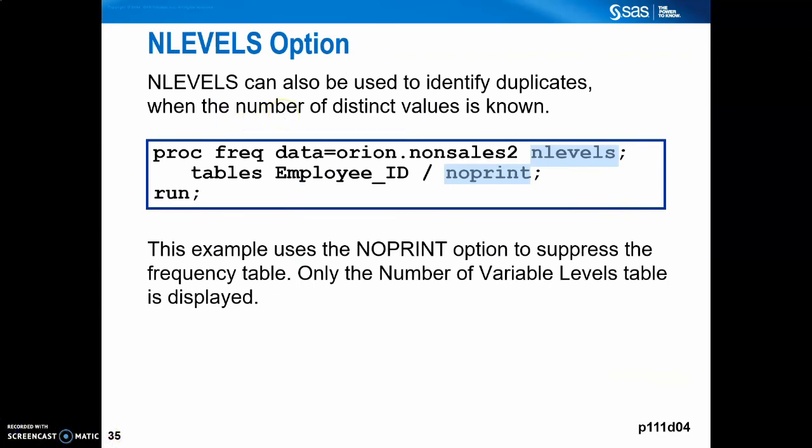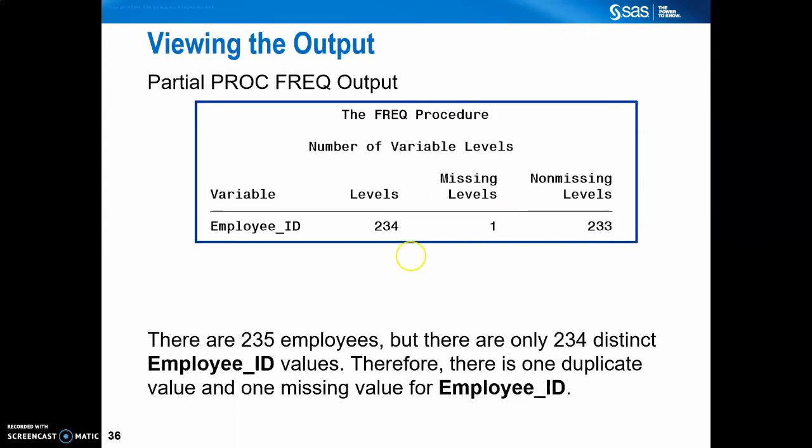Okay, another use of NLEVELS, it can also be used to identify duplicates when the number of distinct values is known. This example used the NOPRINT option to suppress the frequency table. Only the number of variable levels table is displayed. So this is the information we can get when we submit the PROC FREQ step with NLEVELS together with NOPRINT.